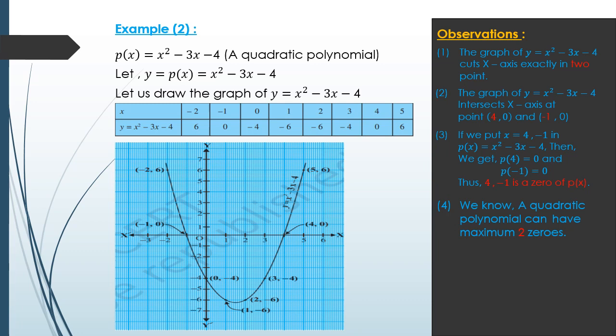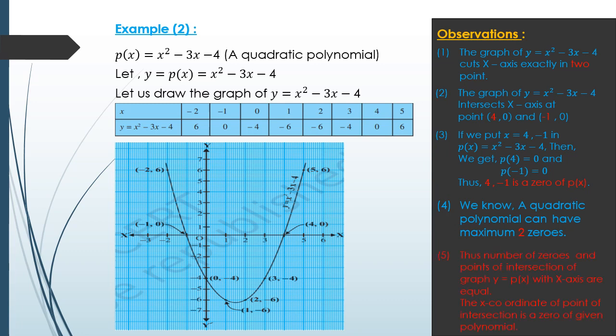Now we will be sure that the number of zeros of a polynomial is equal to the number of points in which the graph of the given polynomial is intersecting the x-axis. And the second very important point is that the x coordinates of the points of intersection of the graph with the x-axis are nothing but zeros of the given polynomial.